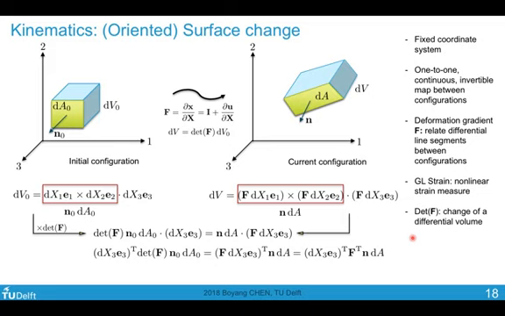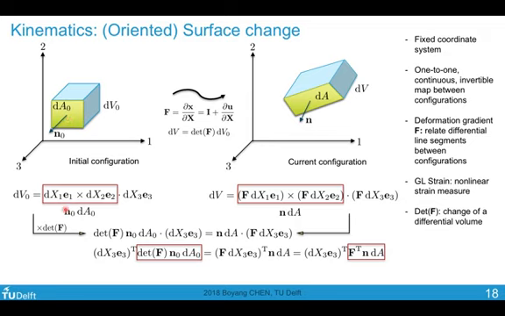Now I can highlight a few things here. I have determinant of F n0 dA0, and I have this one. On the left of both highlighted terms, you have the same term, dX3 e3 transpose. This equation needs to be valid for an arbitrary surface, an arbitrary domain of this differential volume, and for an arbitrary surface with an arbitrary normal. For illustration purposes, I've chosen the normal to be along the 3 direction, but in a different coordinate system, this could be any direction.